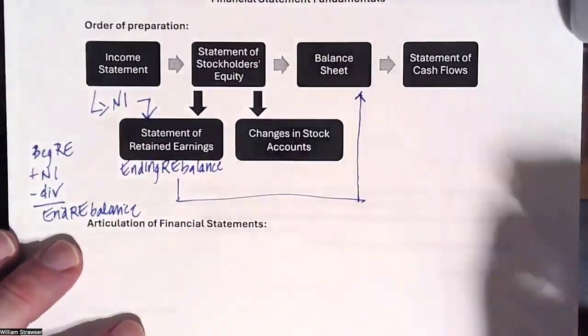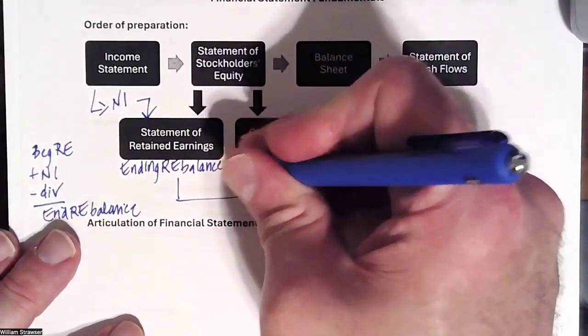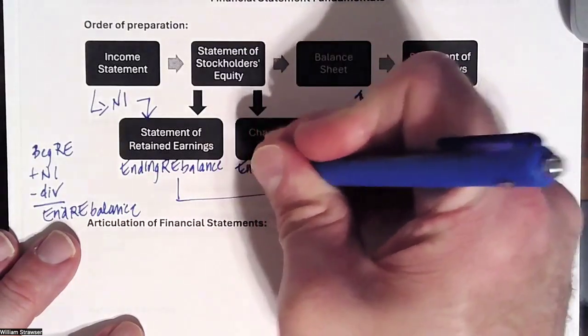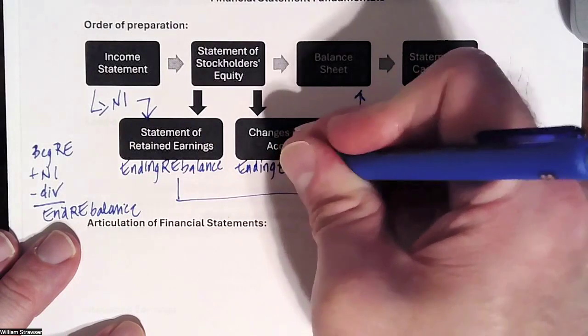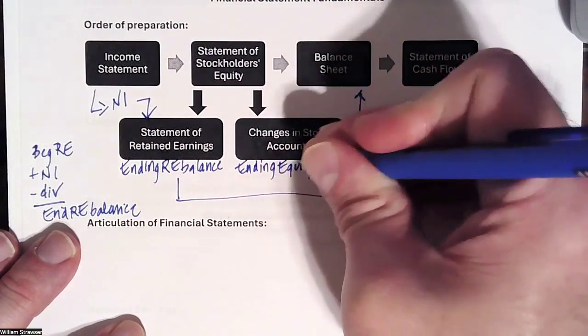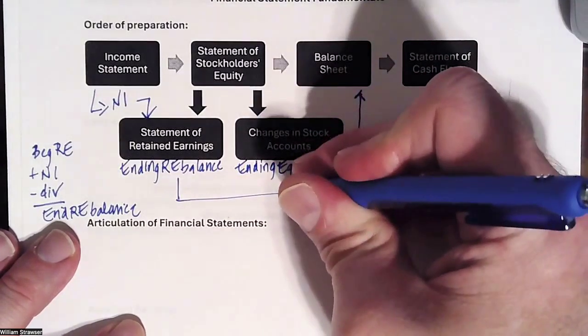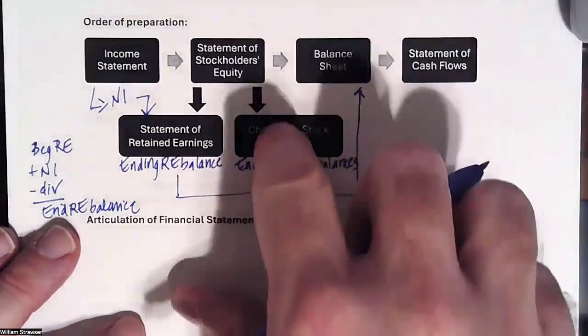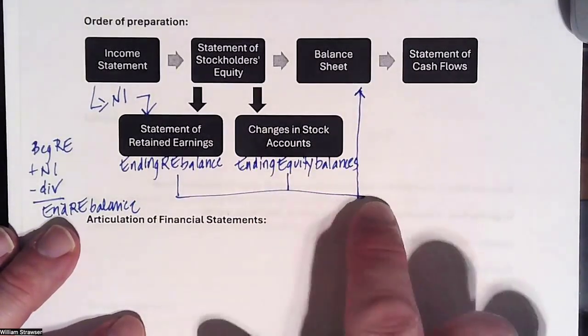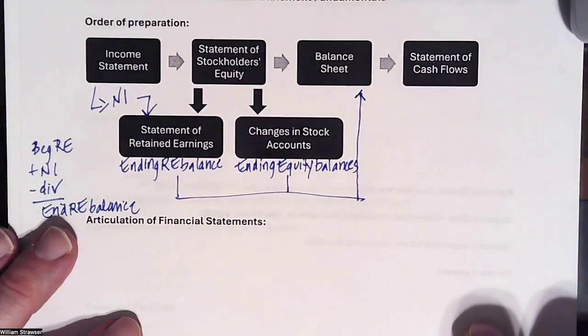Same is true for these changes in stock accounts. The ending equity balances of the accounts, because remember, like I said, there are stock accounts, there are APIC accounts, preferred and common, but we show the changes of the stock accounts over time. That too gets recorded onto the balance sheet.